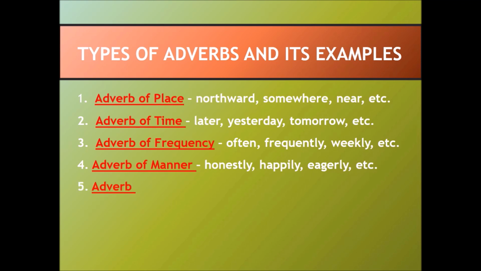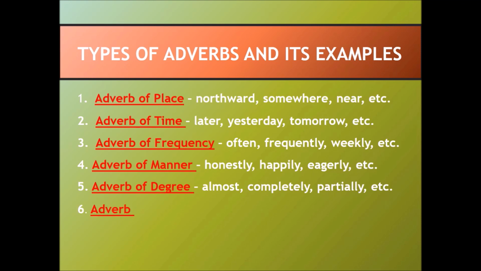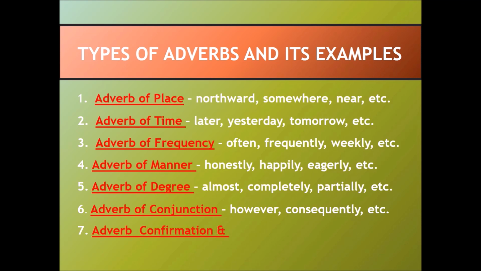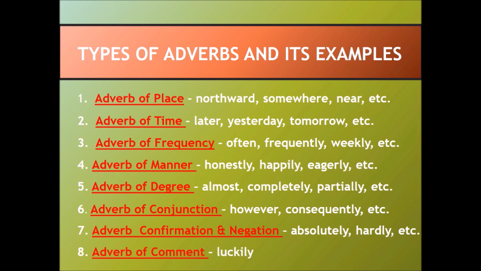Okay, the fifth is the adverb of degree, with examples almost, completely, partially, etc. Then the sixth group is the adverb of conjunction, examples however, consequently, etc. The seventh one is the adverb of confirmation and negation, examples absolutely, hardly, etc. And the eighth is the adverb of comment, examples luckily, unfortunately, etc.